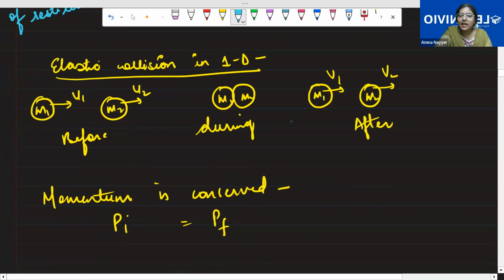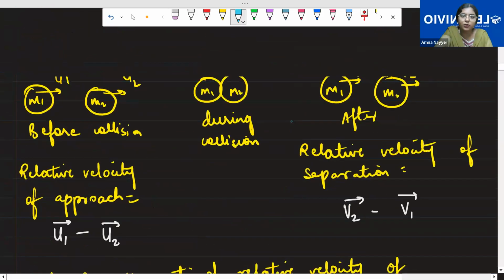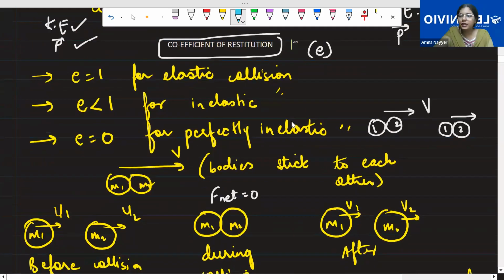One by one we'll start. Elastic collision in 1D we'll discuss, then 2D, then inelastic and perfectly inelastic. This is what we have to discuss. Please write about the coefficient of restitution.